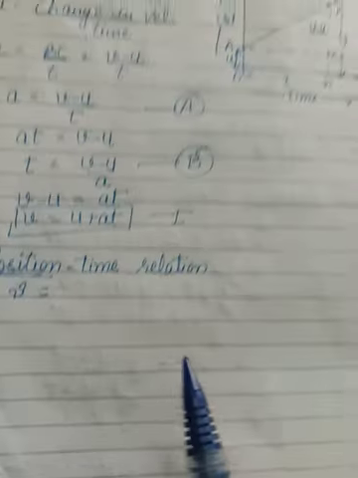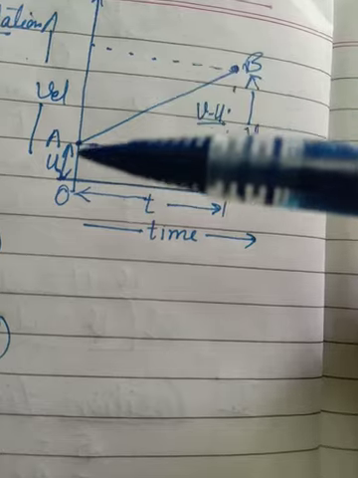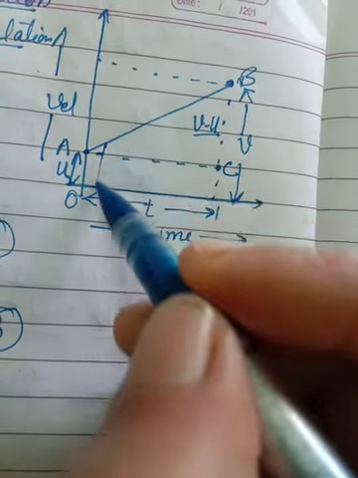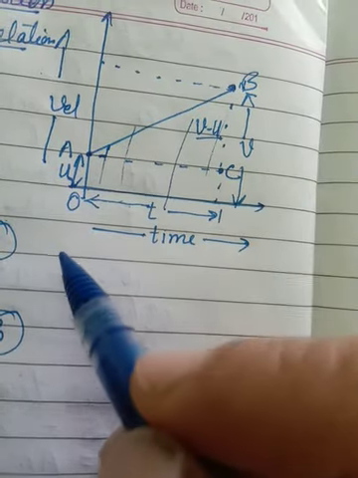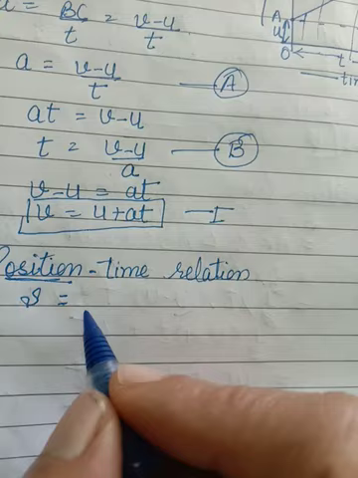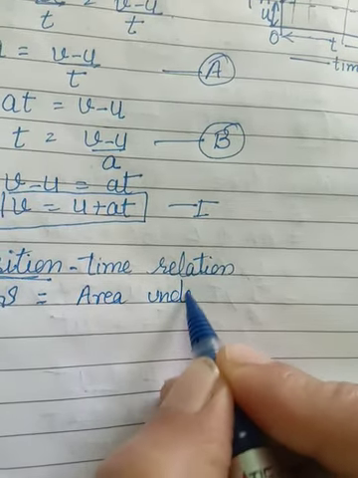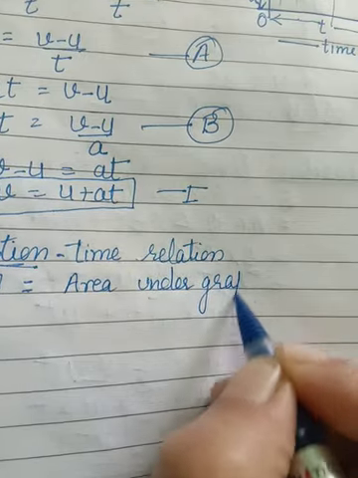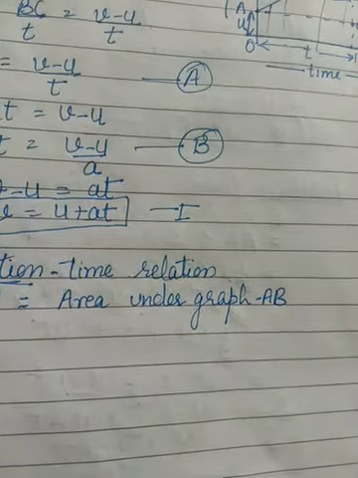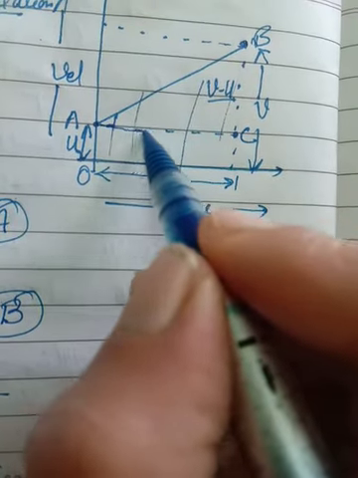Graphically we can find displacement, and that will be equal to the area under graph AB. So this whole area will give you displacement. I'll divide this area into two sections.